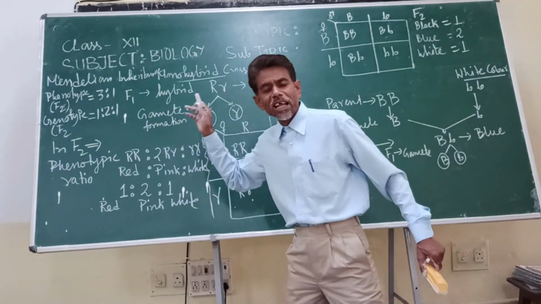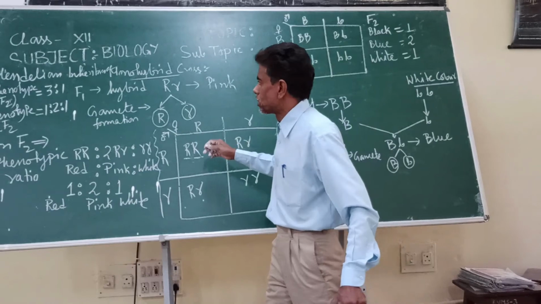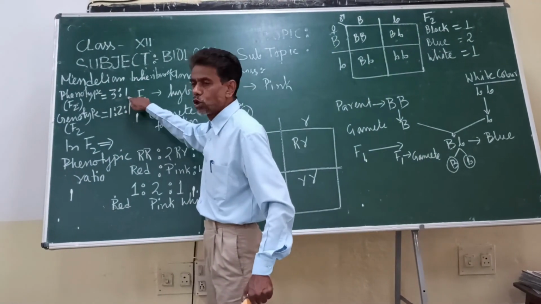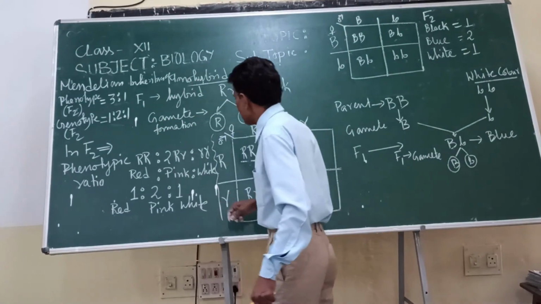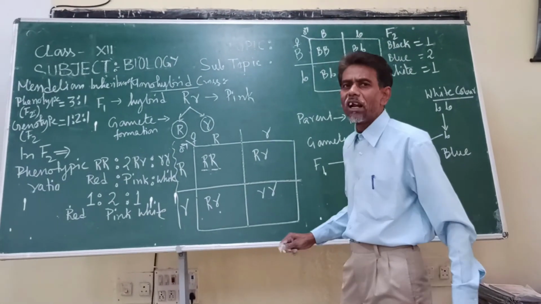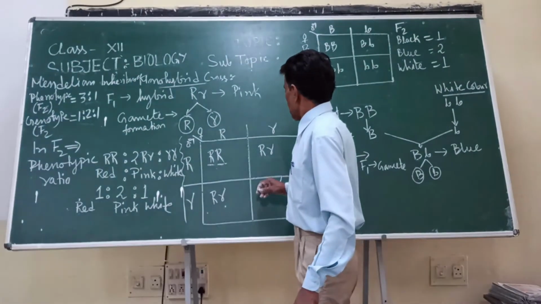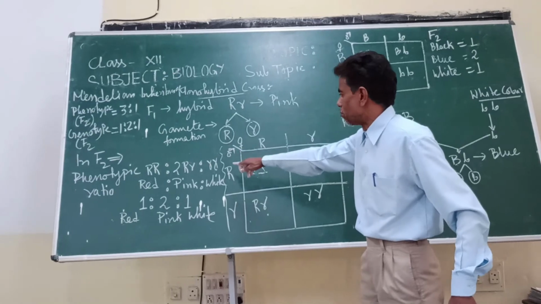So in Mendelian inheritance we have seen the F2 generation of monohybrid cross gave a ratio of 3:1, but genotype is 1:2:1. But in case of non-Mendelian inheritance, both the phenotype and genotype in F2 are the same.